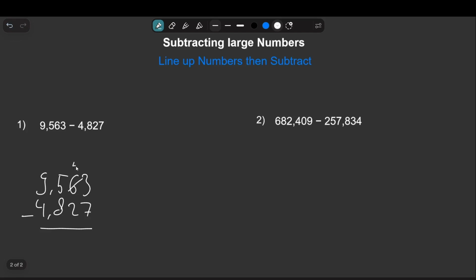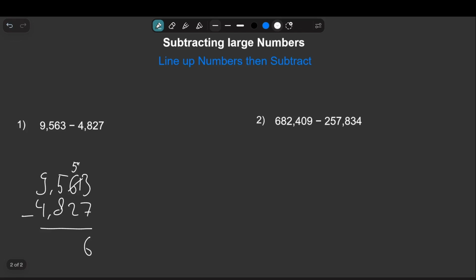So the 6 becomes a 5 now, and the 3 becomes a 13. Now we can start subtracting. So 13 minus 7 equals 6. As you can see now, we ended up with a 6 instead of a negative number. So now we go over to the next one.